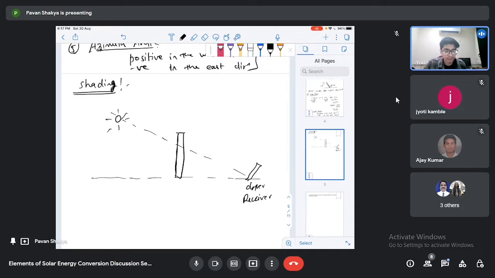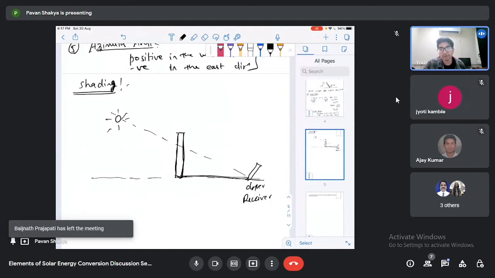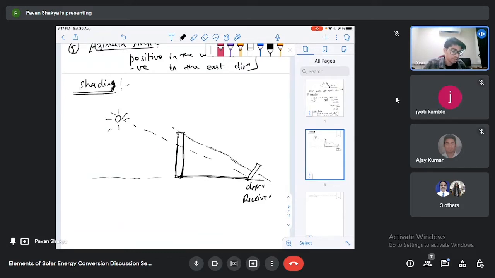How much length the shading will be depends on the solar altitude angle and different types of angles. Suppose this is the building and this is the angle of the sun, then with this angle this will be the shadow, and this portion of this collector will be shaded. So this is the basic concept of shading.